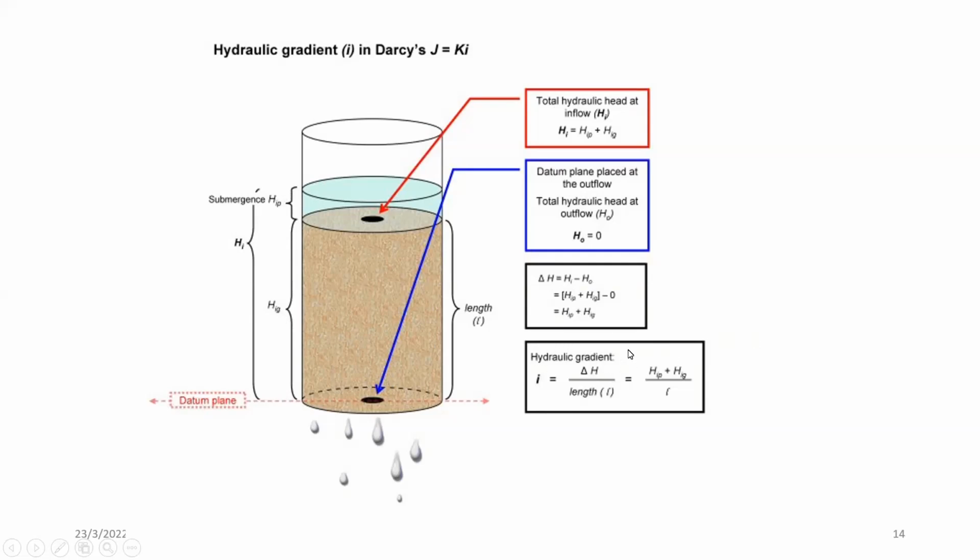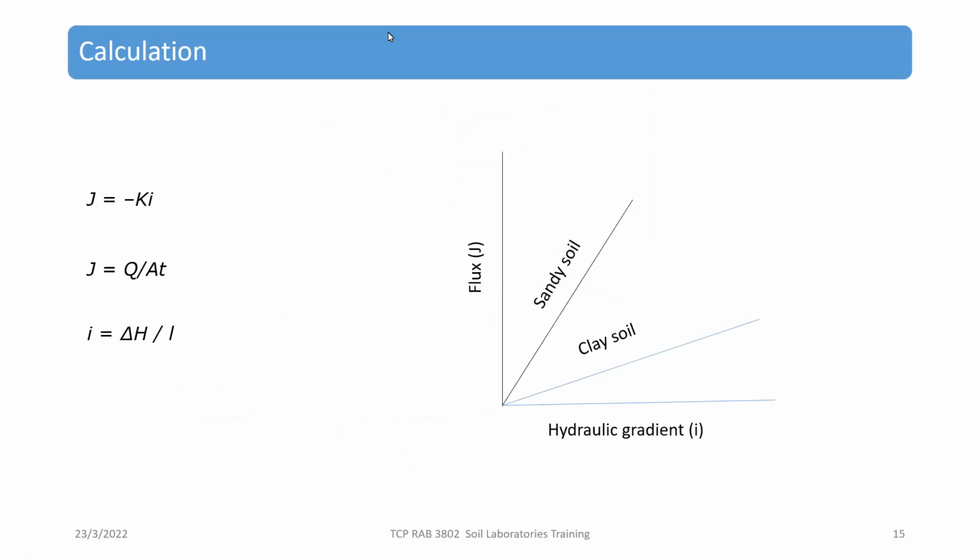So the hydraulic gradient, I, equals the change or difference in head over the length. And this equals the head of water plus the head from gravity. For calculation, the flux equals minus hydraulic conductivity multiplied by the hydraulic gradient.